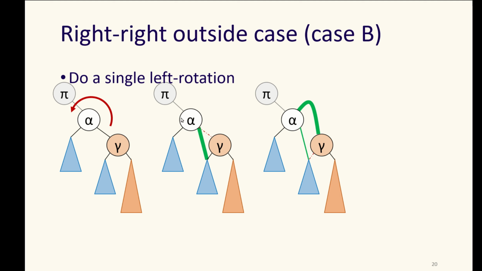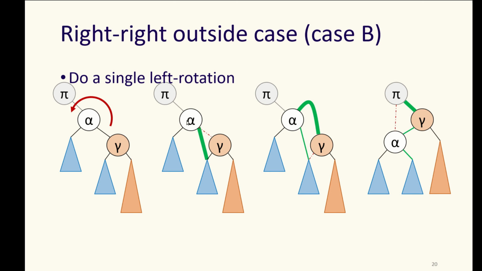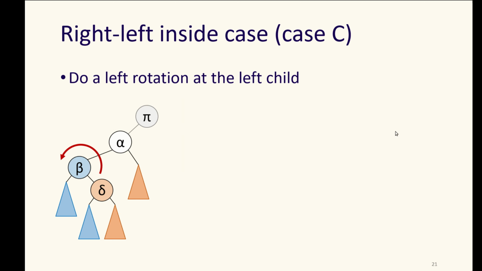So we just keep them on the right of alpha, and everything is perfectly fine. And when we switch gamma up, it will have alpha to the left of it, and we know that gamma was greater than alpha, so that's a legal switch as well. So we're careful in the design of this to preserve the binary search tree properties too.